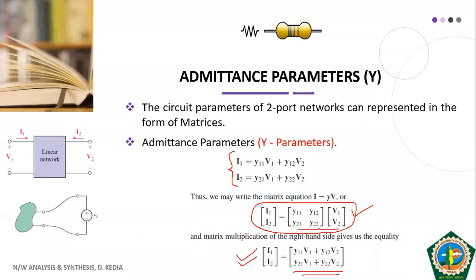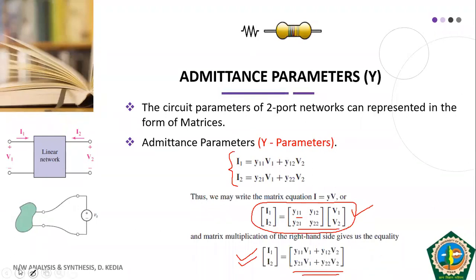And this is also one of the reasons for representing these Y parameters with notations like 11, 12, 21, 22. Okay, so this is your representation of admittance parameters.